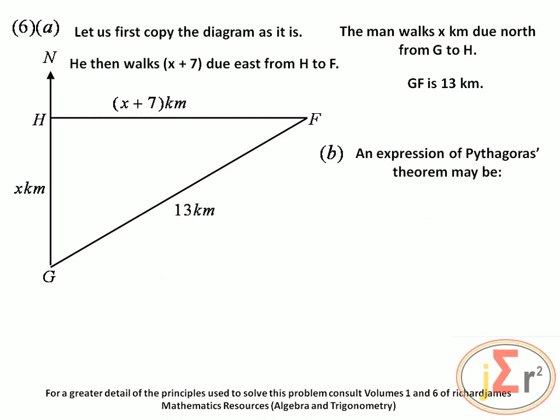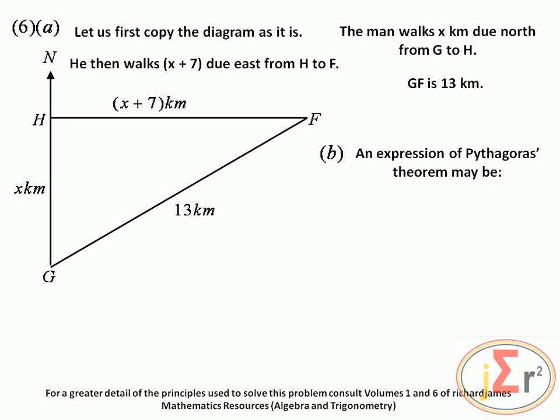Right. From the information on your diagram, write an equation in x which satisfies Pythagoras' theorem. Show that the equation can be simplified to give x squared plus 7x minus 60 is equal to 0.